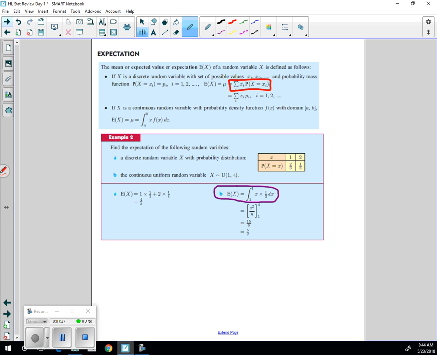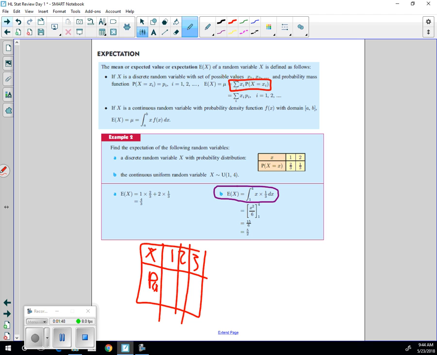Now, when we get to expected value, that's like the mean, but not exactly. Expected value is, let's say we had the basic one. Let's say you rolled a 1, 2, or 3, and the probability of rolling a 1 was 1/6.